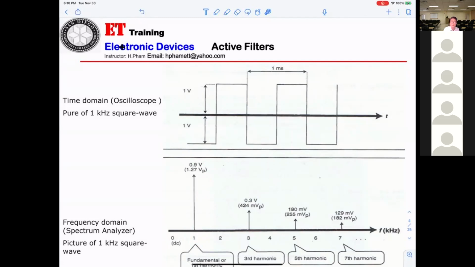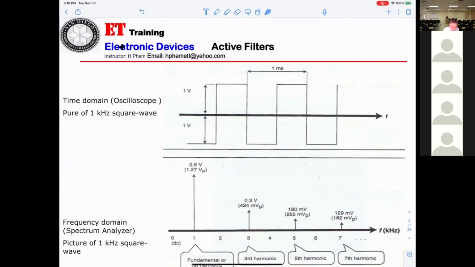That means the spectrum analyzer just shows you, at a certain frequency, the value of the signal, like a sine wave or square wave. You cannot see the same thing you see on the oscilloscope. Make sure you understand that.